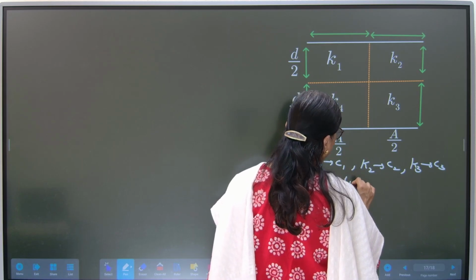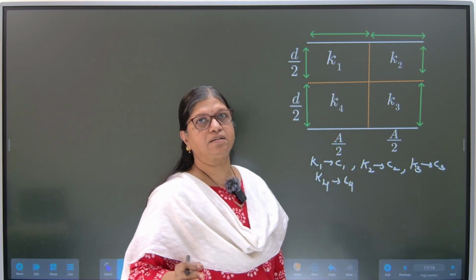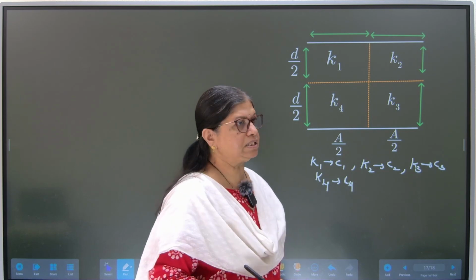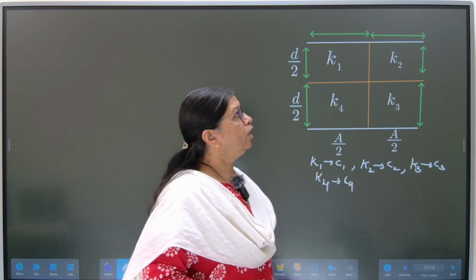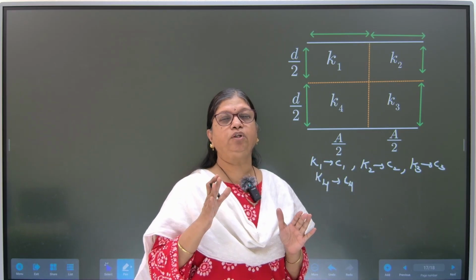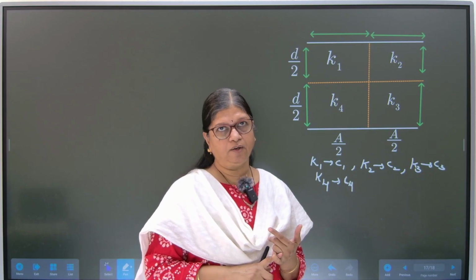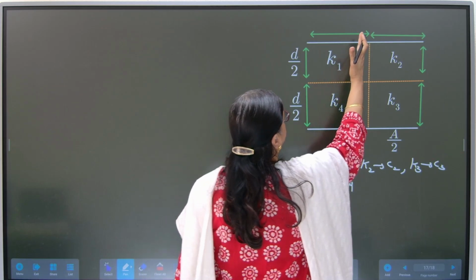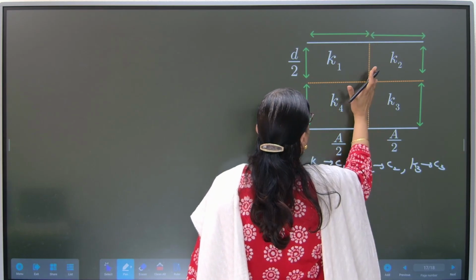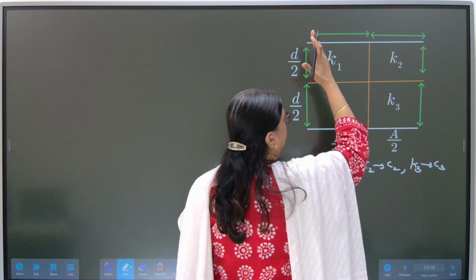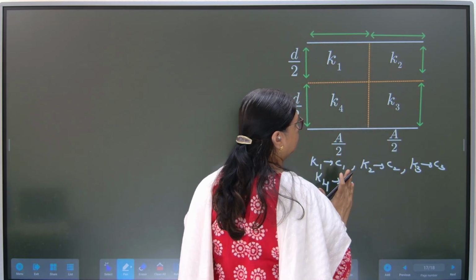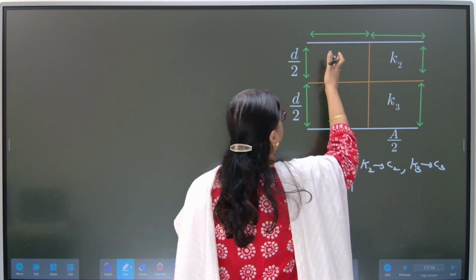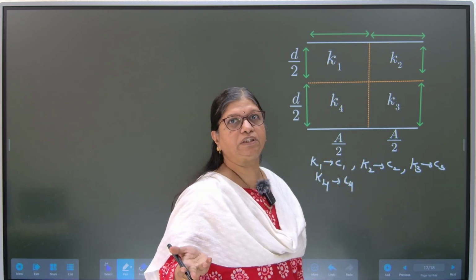So we have four capacitors with C1, C2, C3 and C4 as the respective capacitances as written here. Looking at the diagram, with the knowledge we have for series and parallel combination of dielectrics, this side and this side are parallel to each other, whereas K2 and K3 are in series with each other and K1 and K4 are in series with each other.